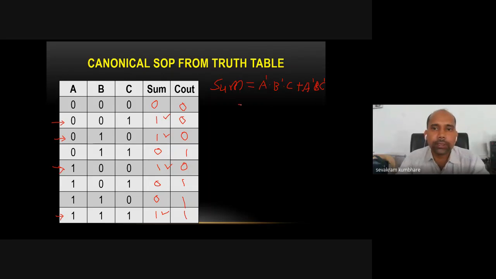Plus. For this, A is 1, so A. B is 0, so B bar. C is 0, so C bar. Plus, for this, A is equal to 1, B is equal to 1, C is equal to 1. So A, B, C. All of you got this?